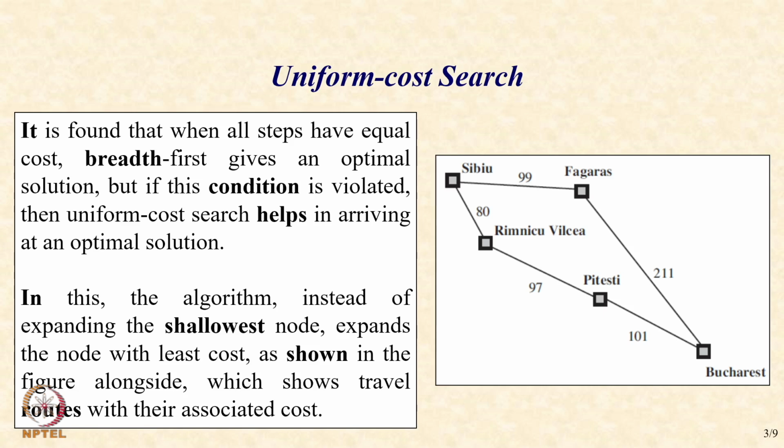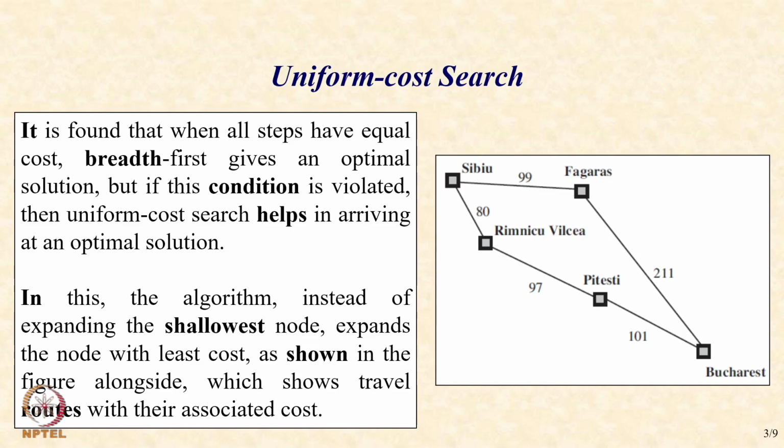In this case, it essentially is the straight line distance between these two locations. And now, as you can see, if you start from Sibiu, then you see that there are two successors, Făgăraș and Râmnicu, where the cost of Făgăraș is 99, of Râmnicu is 80, and obviously you will choose that path.